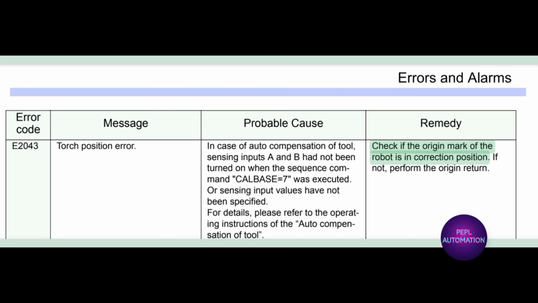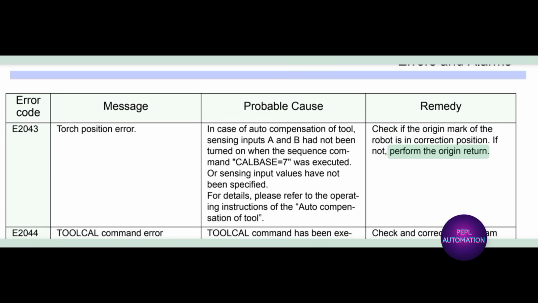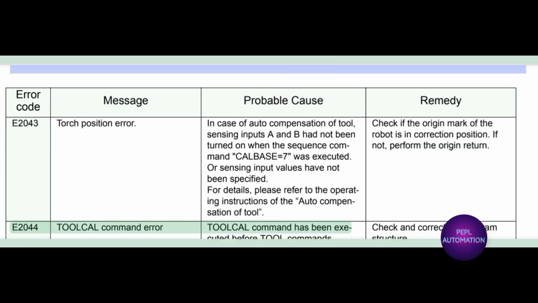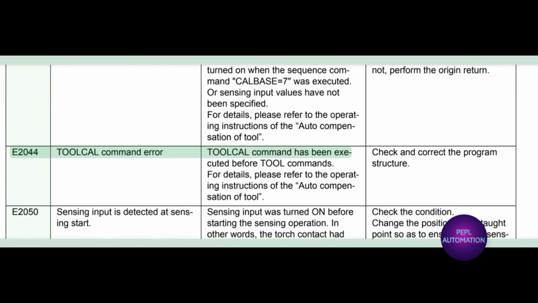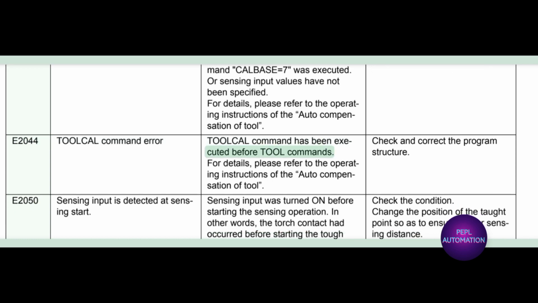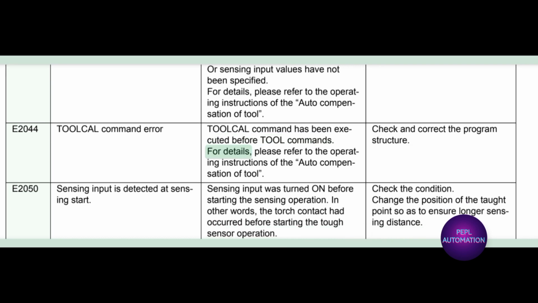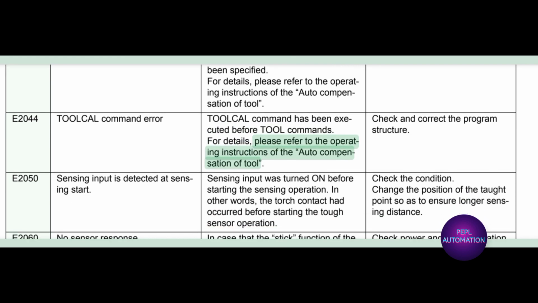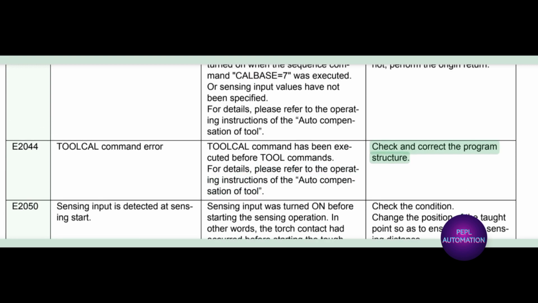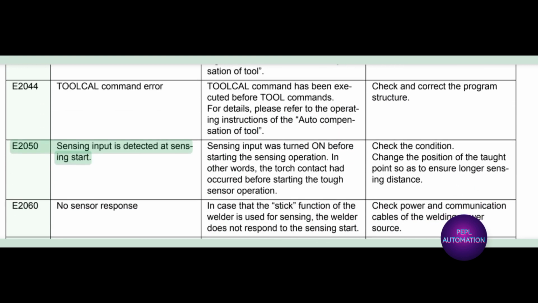Check if the origin mark of the robot is in correct position. If not, perform the origin return. E2044 TOOLCAL command error. TOOLCAL command has been executed before tool commands. For details, please refer to the operating instructions of the auto compensation of tool. Check and correct the program structure.